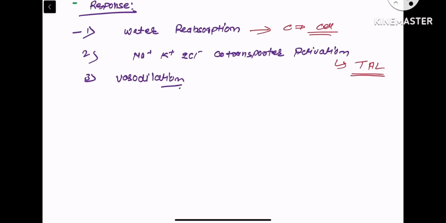Now come to the action. How does this work on the kidney? What will be the response of the kidney? Firstly, we'll discuss the V2 receptor that is present on the kidney.